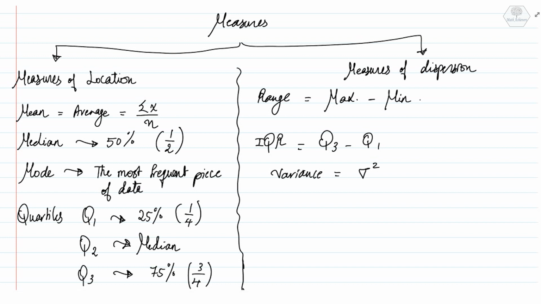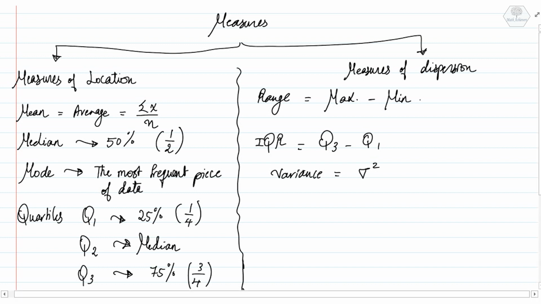This is my variance. And I have another important indicator as well, which is the standard deviation. The standard deviation is simply the square root of the variance, is equal to sigma, which is the square root of the variance.